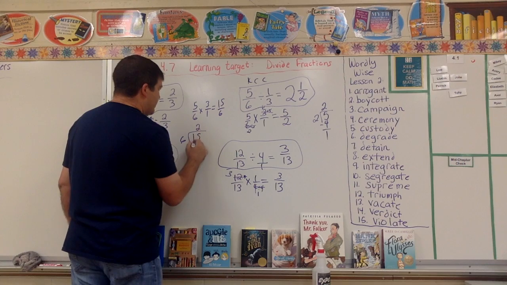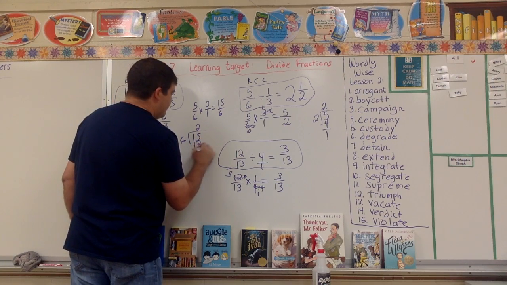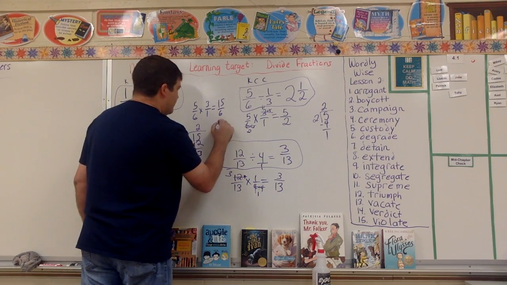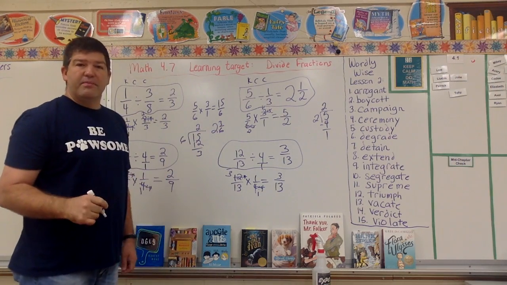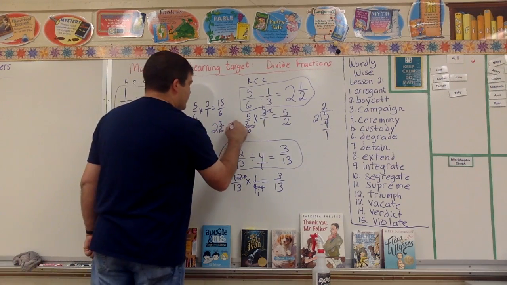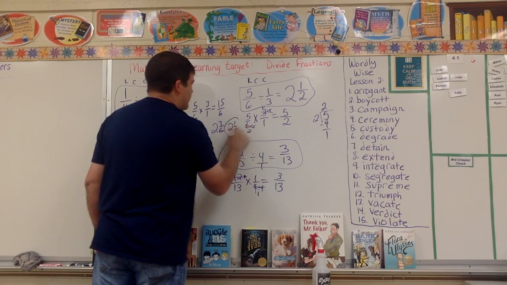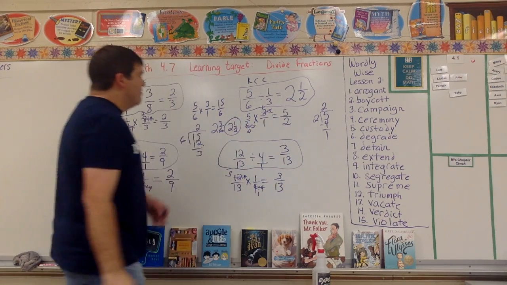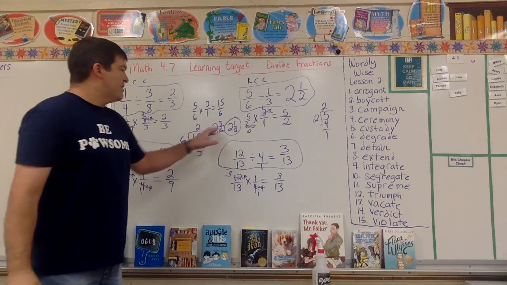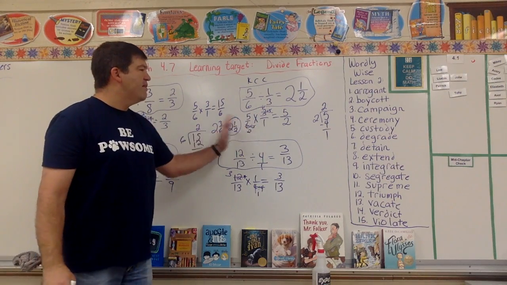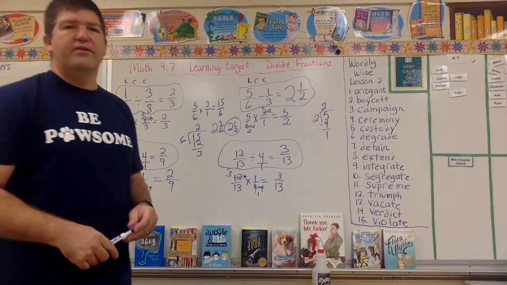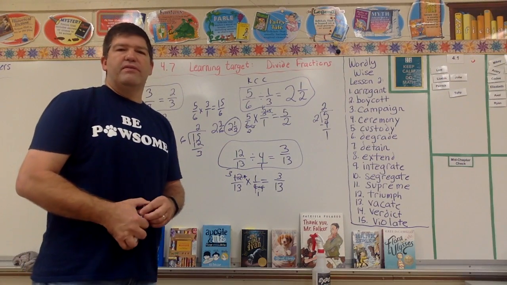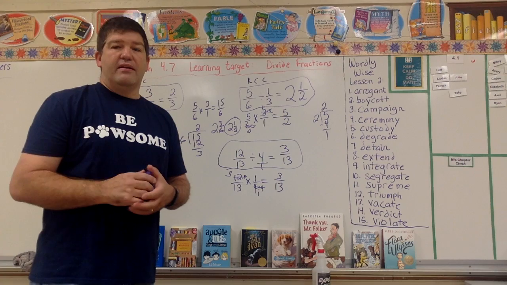Goes in there 2 times. That's 12, 3. Gives me 2 and 3 sixths. Now this 3/6 needs to be simplified. It can be 2 and 1/2. So it's the same answer I got here, but it took me a couple more steps of simplifying. If I just do it right here, then I know I'm good to go. That's what I think. But you find your method, what works for you, what feels comfortable with you, and use it.